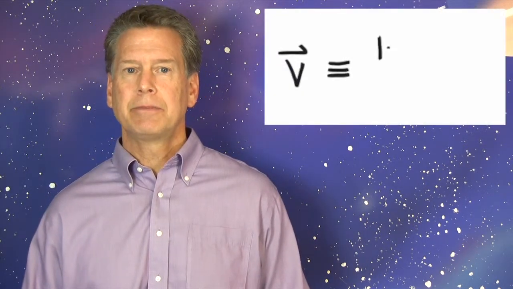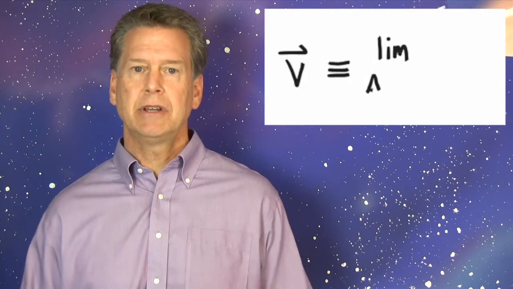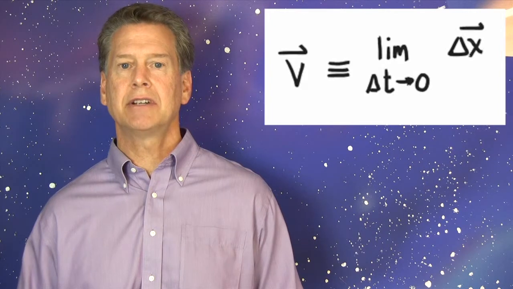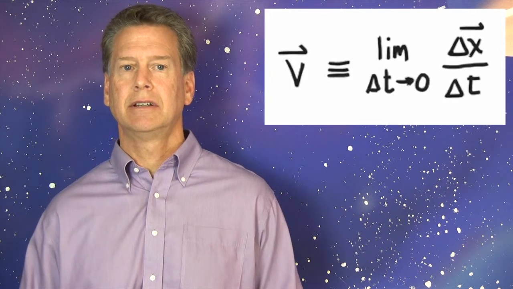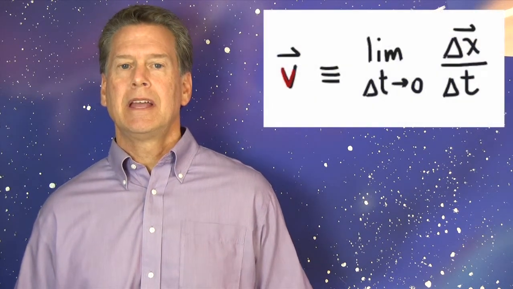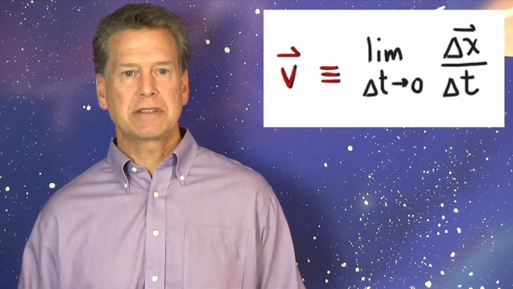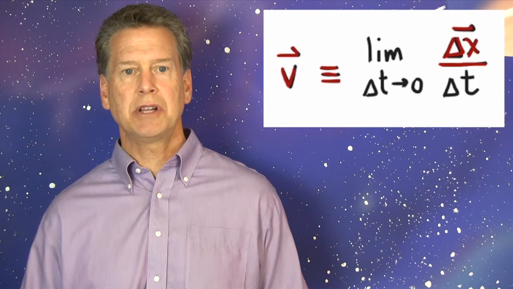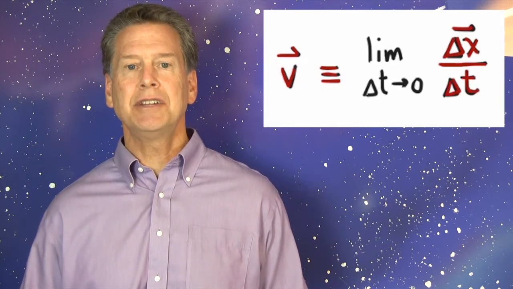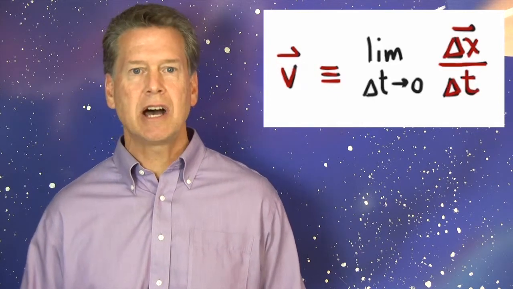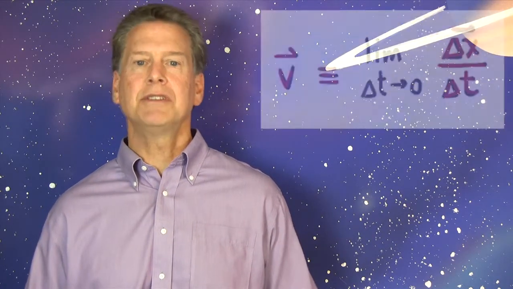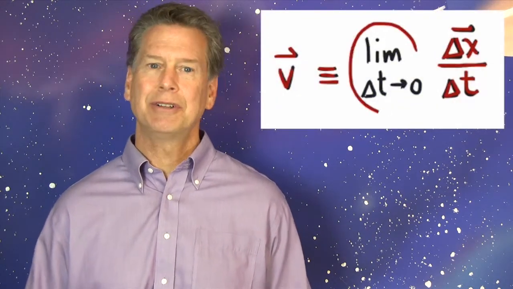We write it this way. Velocity vector equals lim delta t approaches 0 of delta x vector divided by delta t. This is read, instantaneous velocity is defined as the ratio of displacement to elapsed time in the limit as the elapsed time approaches 0. That expression, in the limit, is a little magical.